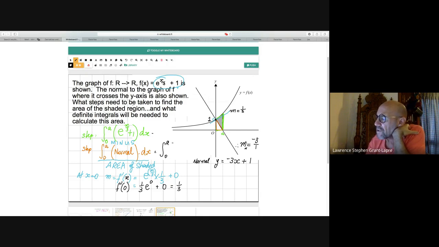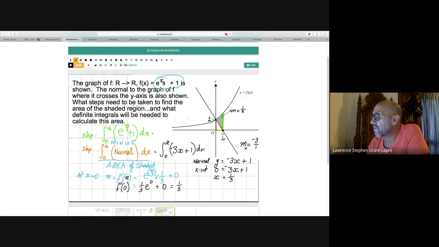All right, so there is the equation of the normal, and this is what we would use. We would get the integral of negative 3x plus 1 with respect to x. And to find what a is, that is where the normal crosses the x-axis. So the x-intercept is when y equals 0, and it would be negative 1 over negative 3, therefore x will equal 1/3.